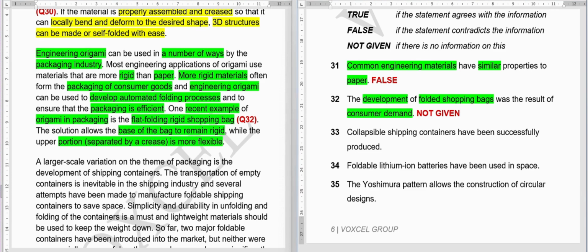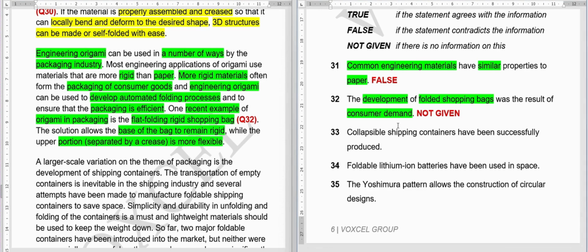I hope everybody arrived at this particular answer: not given. Why is it not given? Yes, we are given that this recent example is the development of flat folding shopping bags. But why was it developed? What was the need? Was it the result of consumer demand, or was it the result of something else?